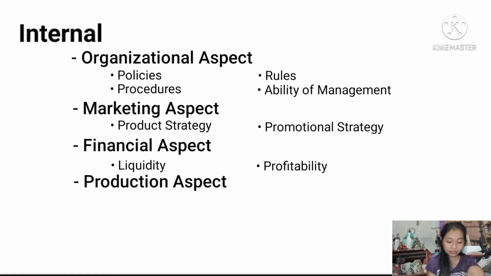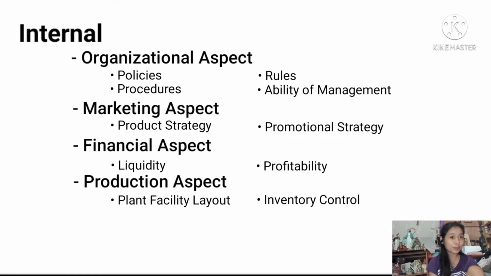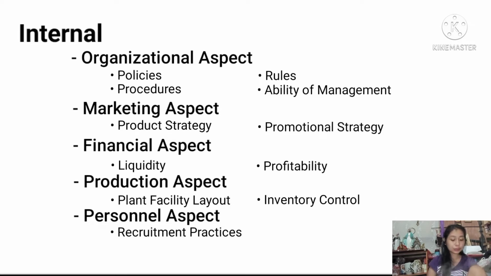Under the production aspect are the plant facility layout and inventory control. It is under materials, stocks of materials. Lastly, the personnel aspect. Under the personnel aspect are the recruitment practices and incentive systems.